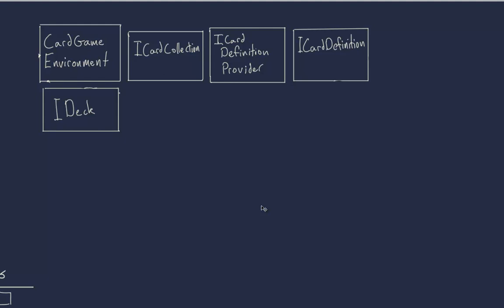Meaning, we could have a C# card definition provider. We could have a .NET precompiled assembly card definition provider. We could have an F# card definition provider. We could have a Boo card definition provider. It's a really abstract concept. Basically, they just spit out classes that implement iCard definition.